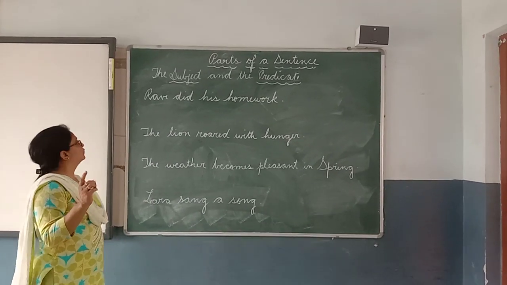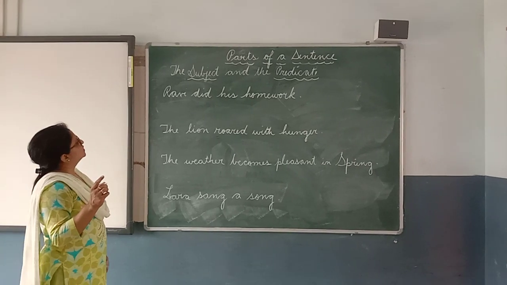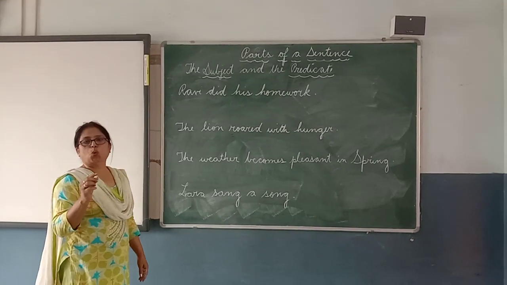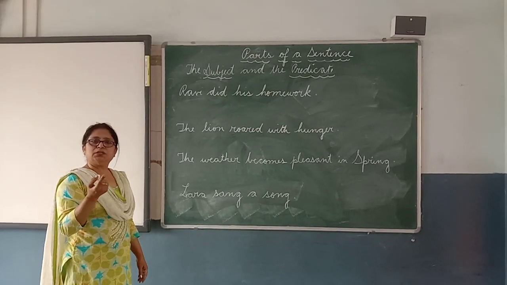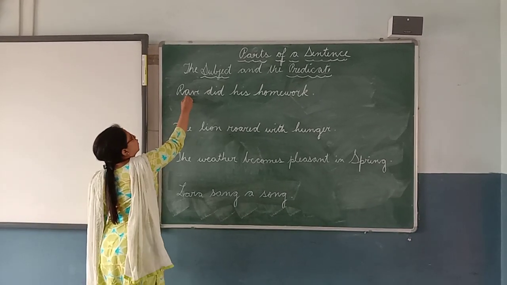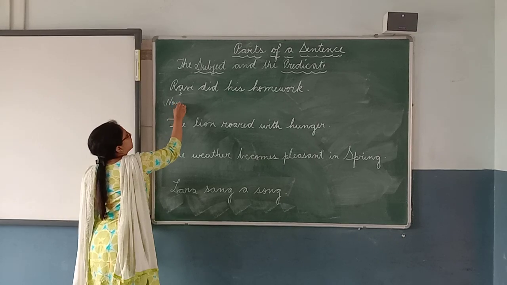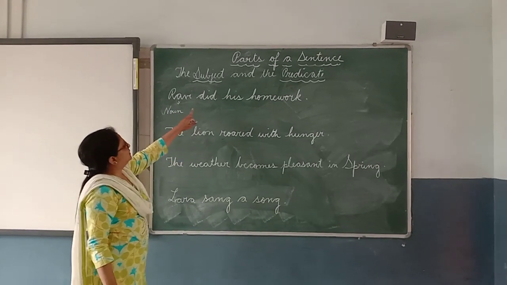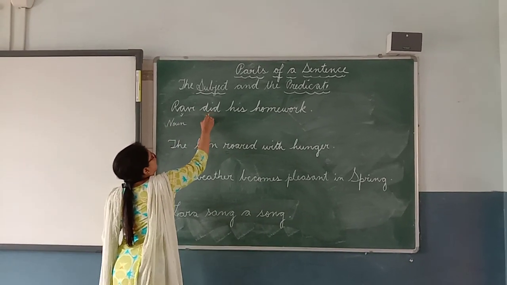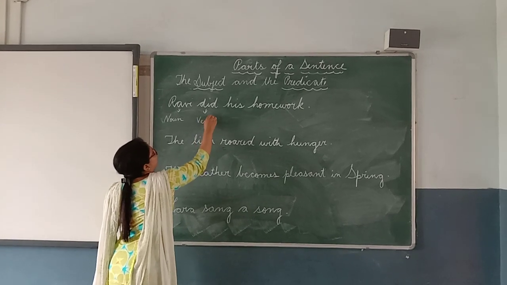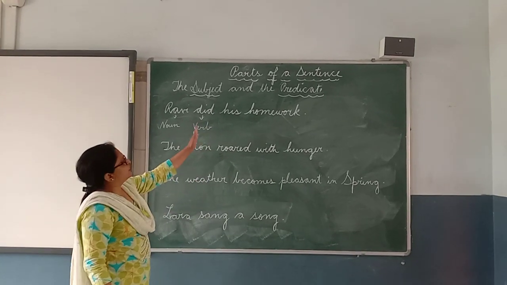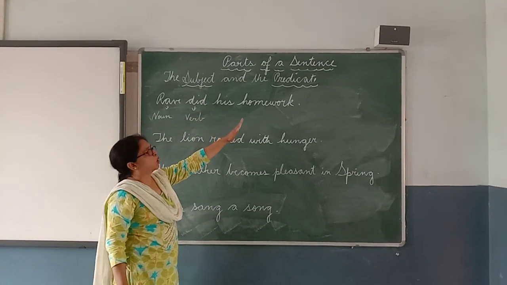Please concentrate. The first sentence, Ravi did his homework. Who did his homework? Ravi did his homework. So Ravi is the noun here. And did is the verb here. Okay? And the rest of the sentence is his homework.